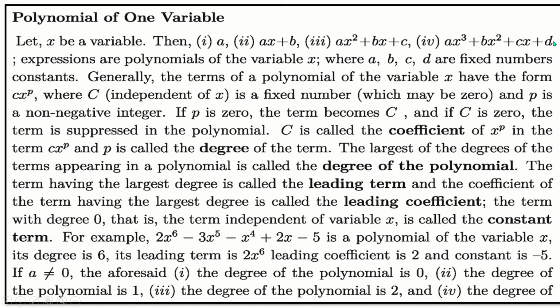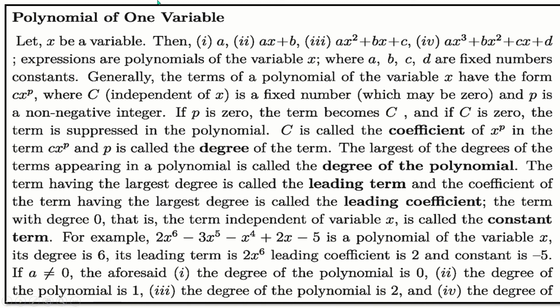That means here there is no x, that means x to the power 0. All a, b, c, d are fixed numbers or constants. Okay. Now these expressions are polynomials of the variable x. Here all are polynomials of variable x.